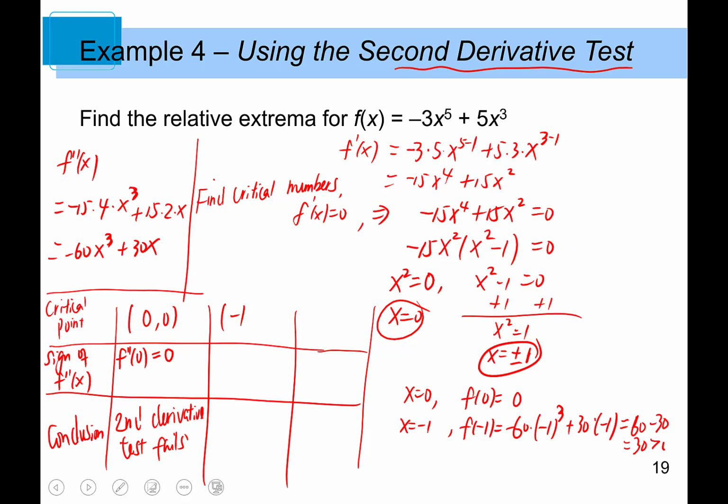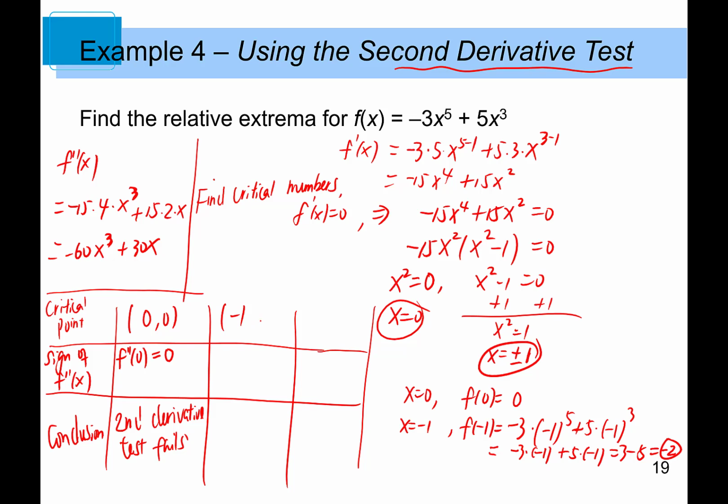We plug back into the original function to get a point. So f of negative 1 equals negative 3 times negative 1 to the 5th plus 5 times negative 1 to the third. So we get negative 3 times negative 1 plus 5 times negative 1. So we get 3 minus 5, which is negative 2. So the second point is negative 1, negative 2.